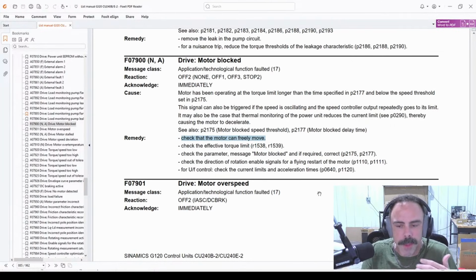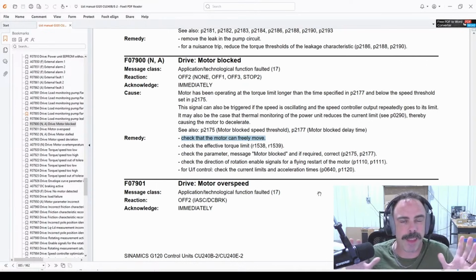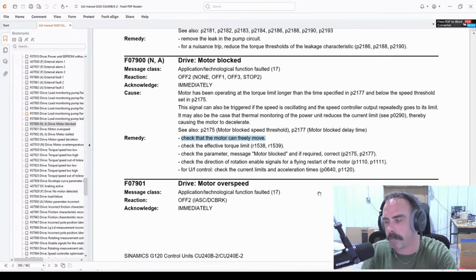So you'll get that motor block fault, you invert the encoder direction, and then you realize your motor is actually turning the wrong direction. In that case, I would suggest swapping two motor leads and then turning off the motor encoder inversion, because there are two things that can get you turning in the wrong direction.